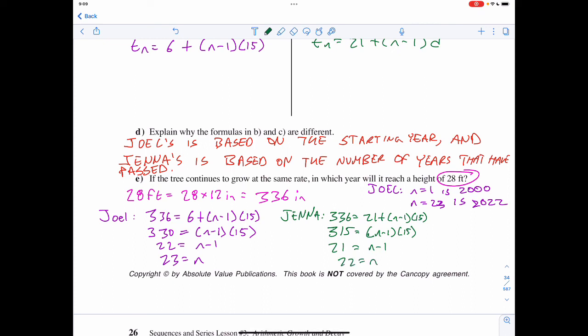And then the only thing I'd need to take into account for Jenna is that for Jenna, n1 is 2001. She started in the second year, which means that n22 would be in 2022. And I get the same answer for both.